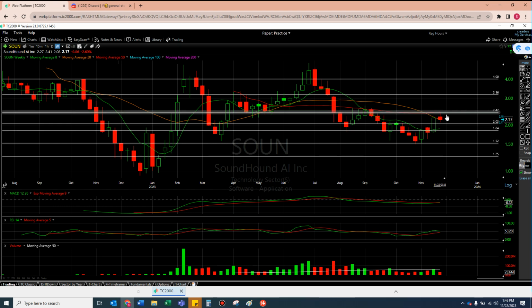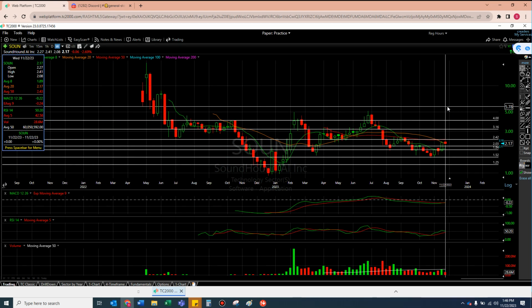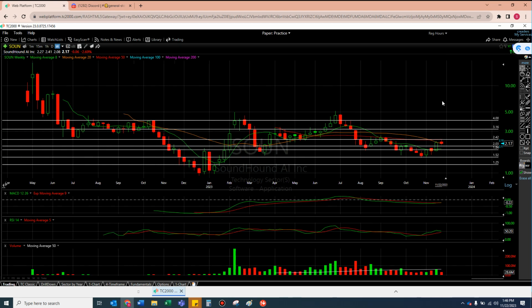We are over the lines. Where's the 100 at? There's no 100 moving average line just yet on SoundHound. Interesting. So I'm not going to count the lines, but from here to here was 25. It looks like we're getting close to that 100th week.